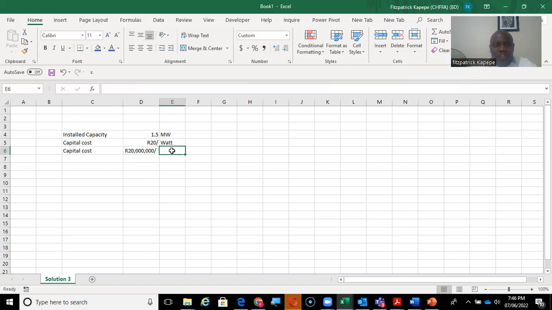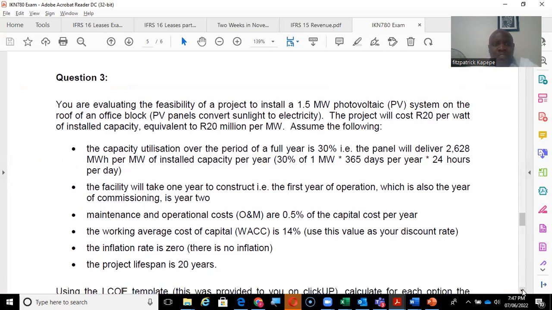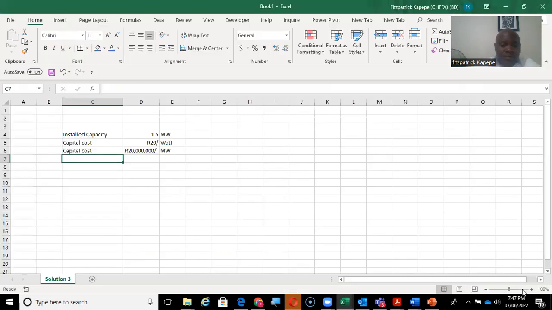So it's 20 million per megawatt. Okay. Then what else? These are the assumptions here. The capacity utilization over the period of a full year is 30%.